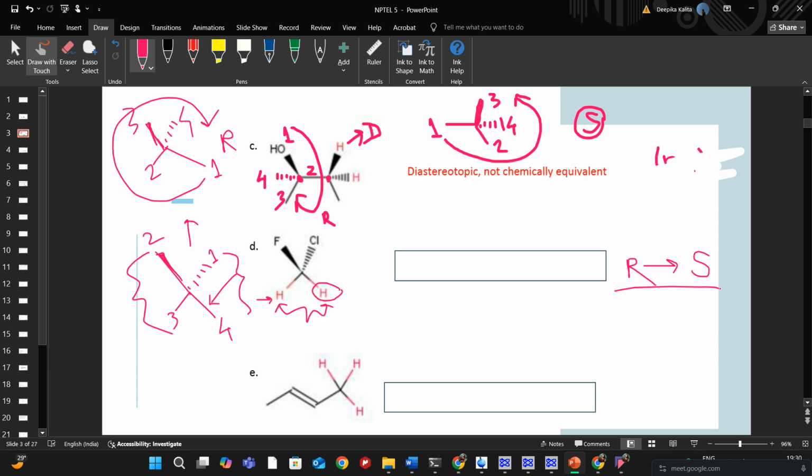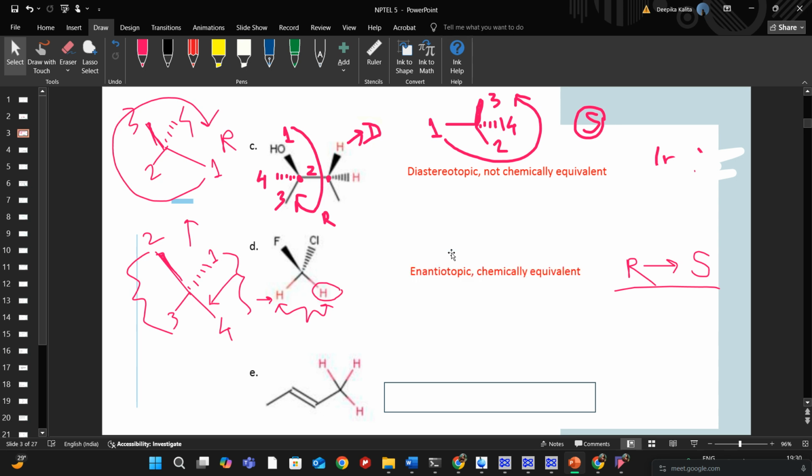So by replacing the protons by deuterium, we are getting a pair of enantiomers. That is why we have to say that these two protons are enantiotopic and they are chemically equivalent. I hope this is clear to you. Okay.